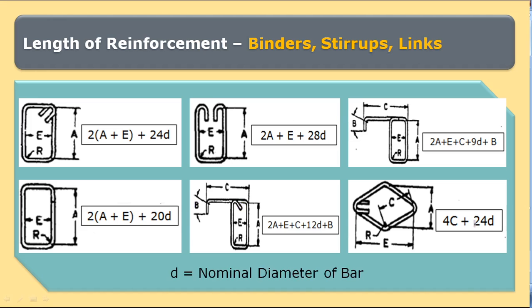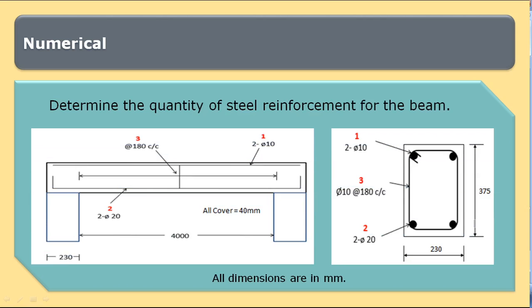We'll solve a numerical to determine how to calculate the quantity of steel reinforcement. Now, we need to determine the quantity of steel reinforcement for a beam having a clear span of 4000 mm and support width of 230 mm.